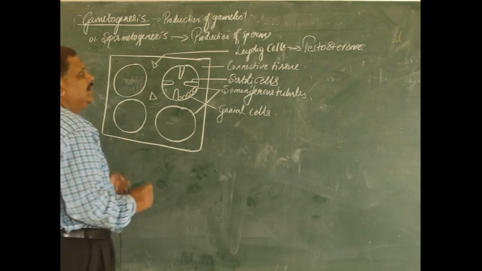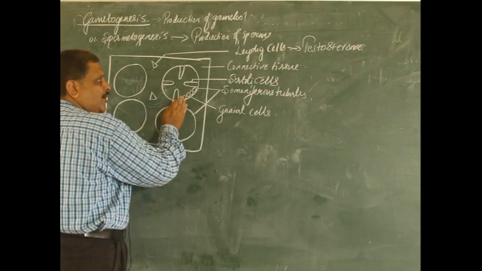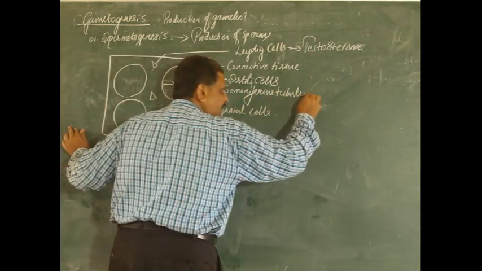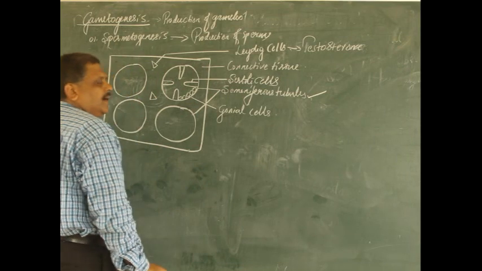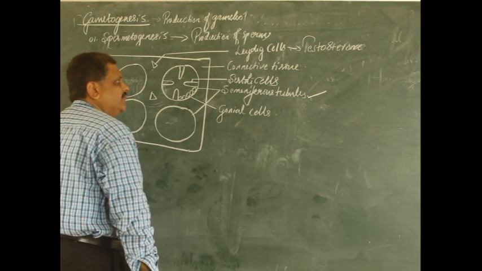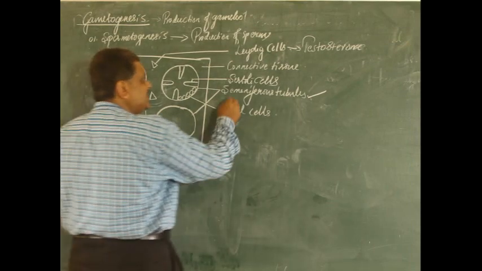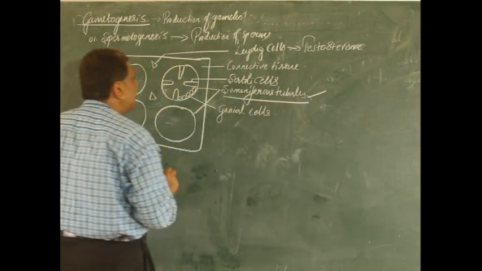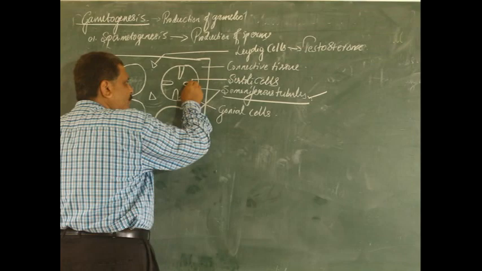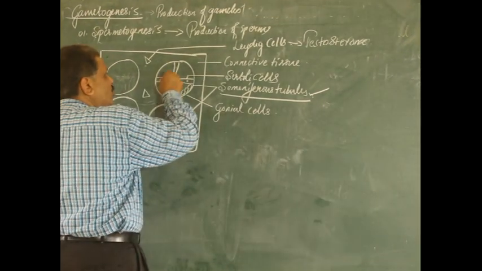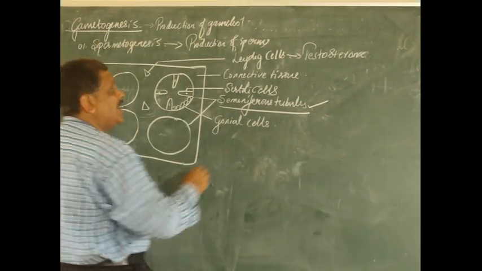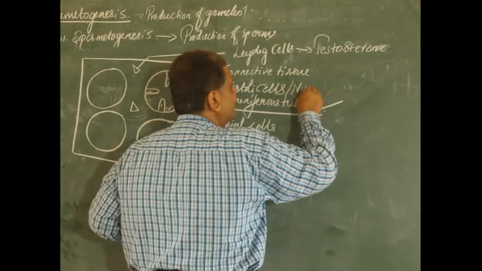And the structural and functional unit of testis is the seminiferous tubule. It can be asked for 1 mark. Which is the structural and functional unit of testis? That is the seminiferous tubule. And there are many finger-like projections. They are called Sertoli cells. They are also called nurse cells.